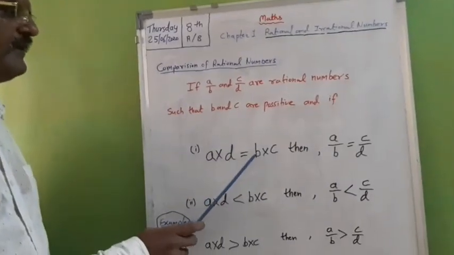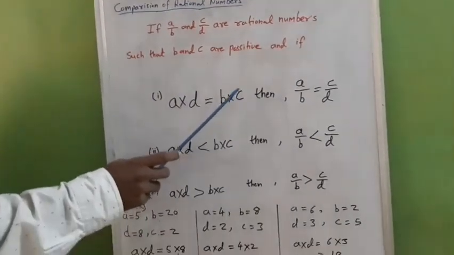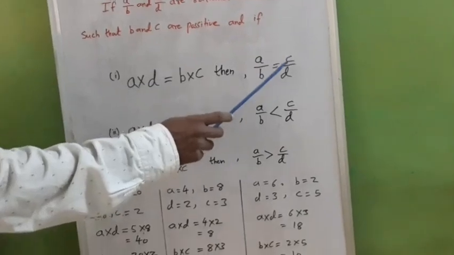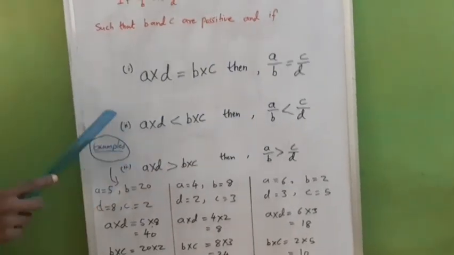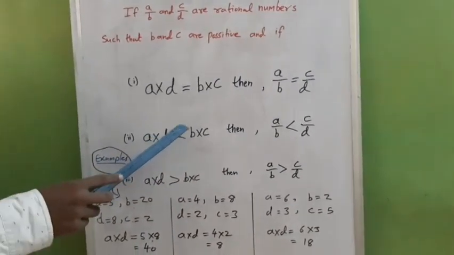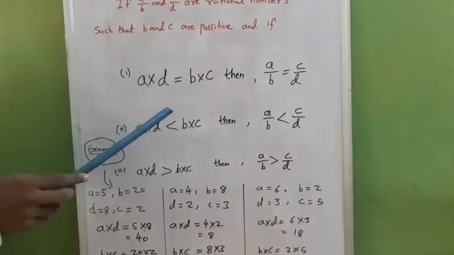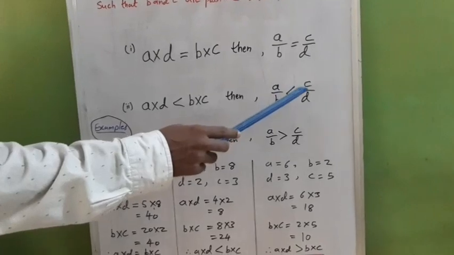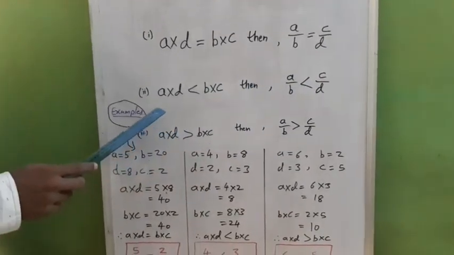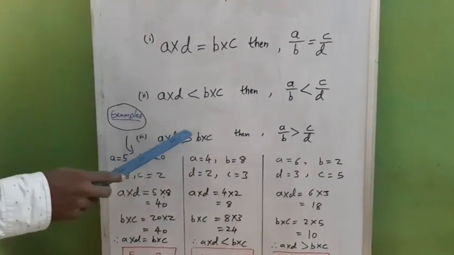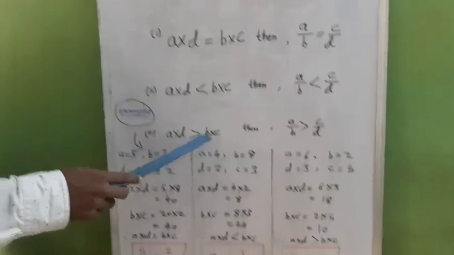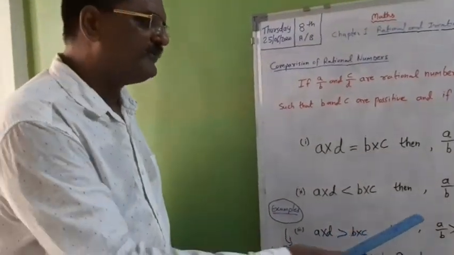A इंटू डी इक्वल B इंटू सी आलं तर A अपॉन बी आणि C अपॉन डी सेम असतं. त्याचप्रमाणे A इंटू डी हे B इंटू सी पेक्षा स्मॉल असेल तर A अपॉन बी हे C अपॉन डी पेक्षा लहान आहे. त्याचप्रमाणे A इंटू डी हे मोठं असेल तर then you can say A upon B greater than C upon D.